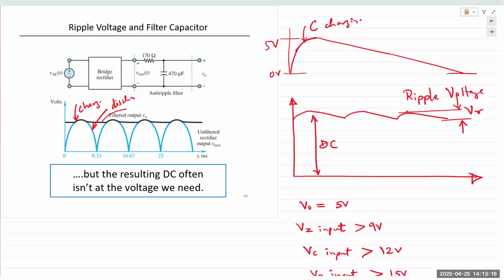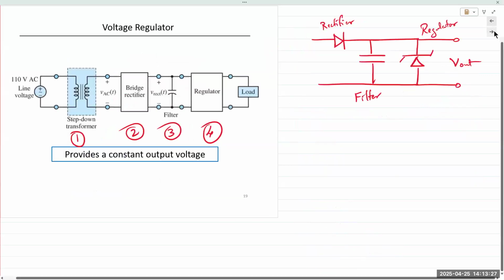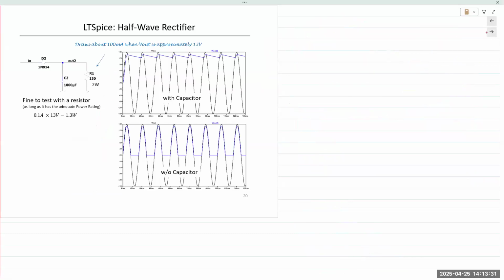All right. We can actually simulate these circuits in LT Spice, and it doesn't take long.